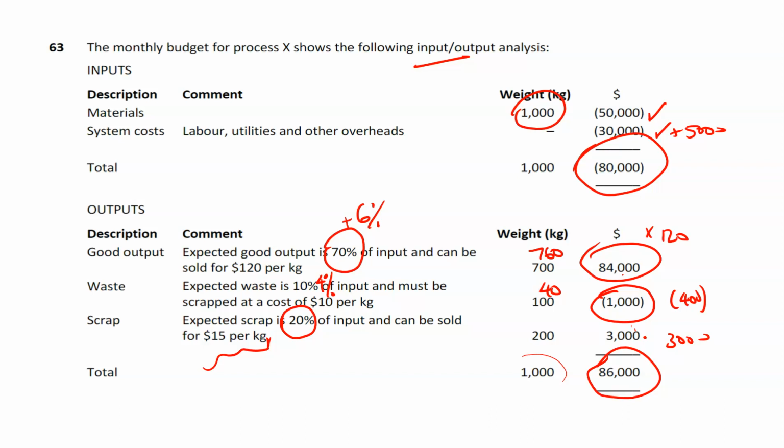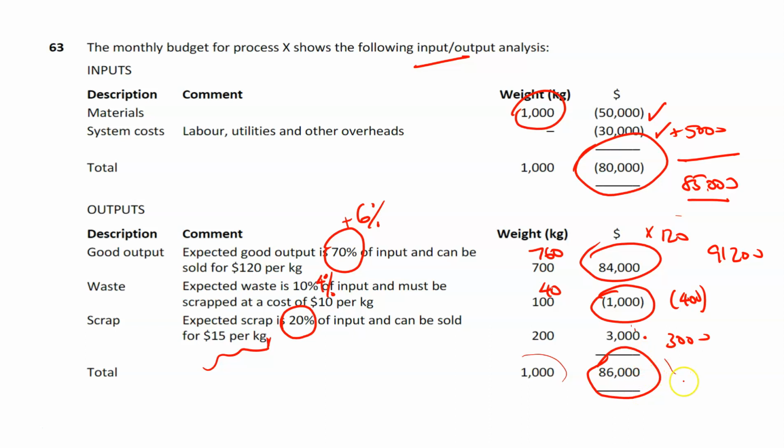So 760 times 120 is 91,200. Yes, I have that in terms of my output. And then I have less 400. So I just need to recalculate what's going on. Now I have a total cost of 85 grand.